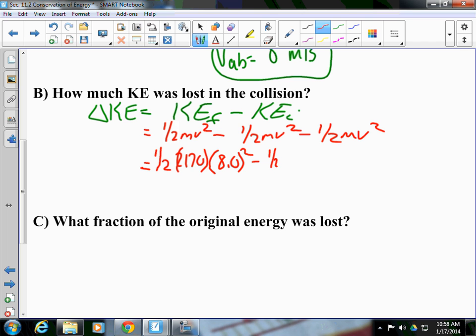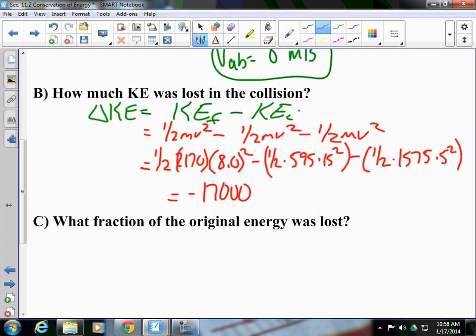So we'll go 1 half times 595 times 15 squared, minus the initial kinetic energy of the Tahoe, which is 1 half times 1575 times 5 squared. When you figure that all out, what you end up getting is our change in kinetic energy was negative 17,000 joules.